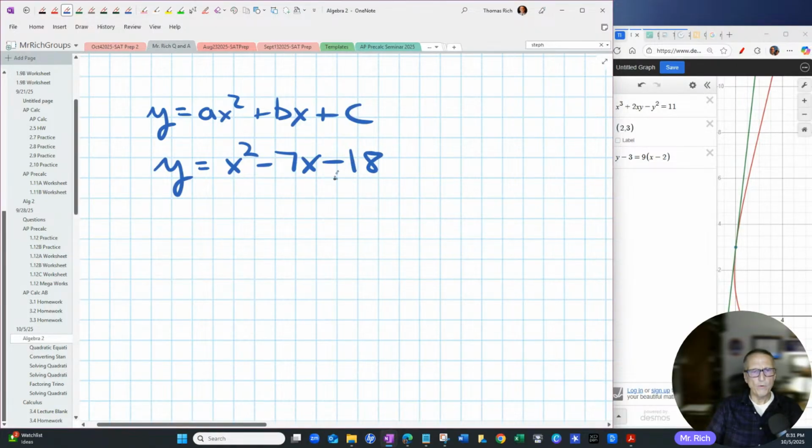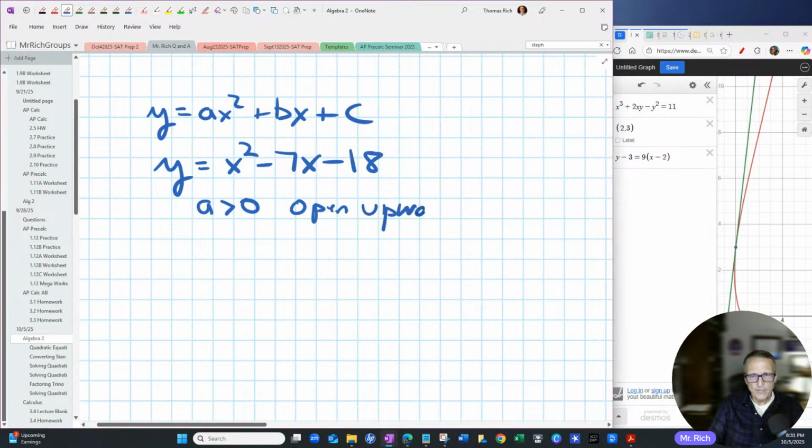Well, what do we know about the graph of the quadratic based on the equation written in standard form? Well, there's several things that we do know. We know that because the a is greater than 0, being that it's a positive number, it's going to be opening upward.